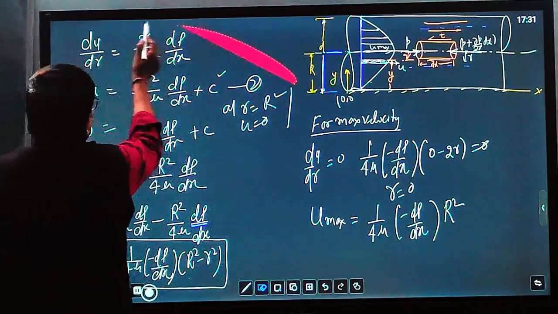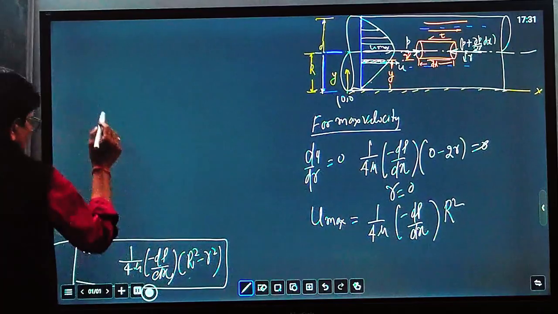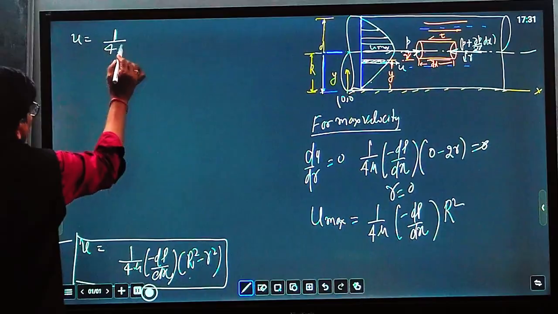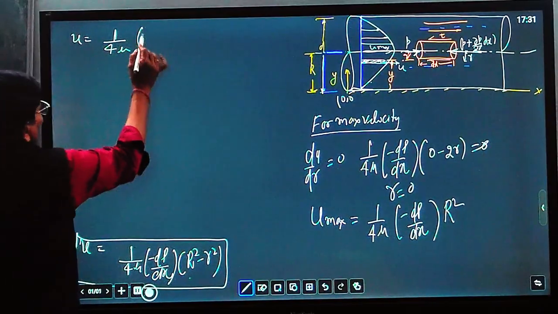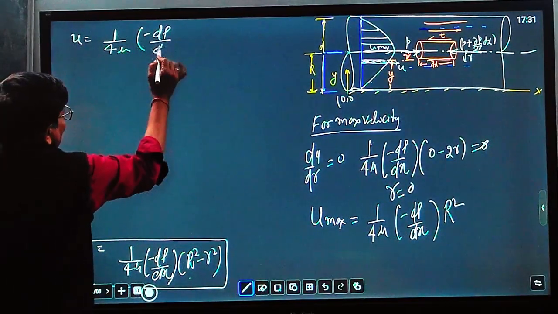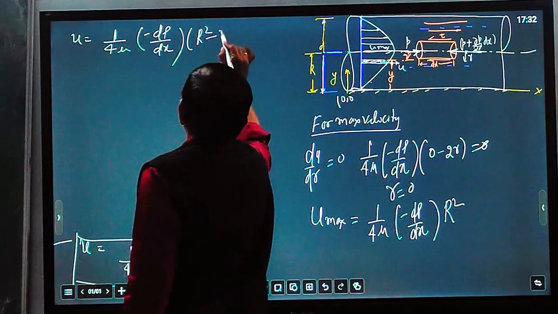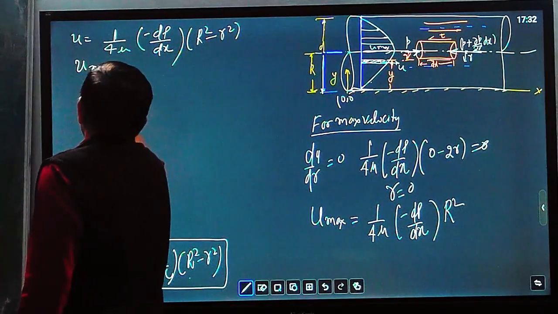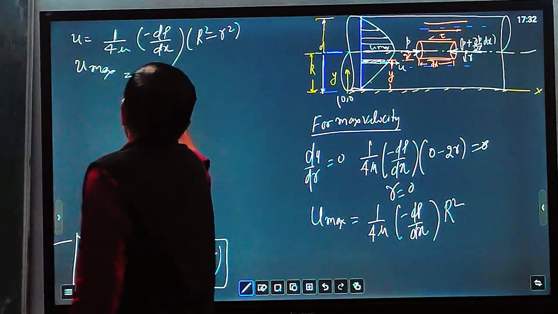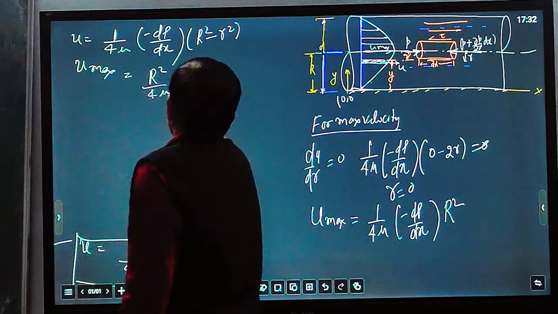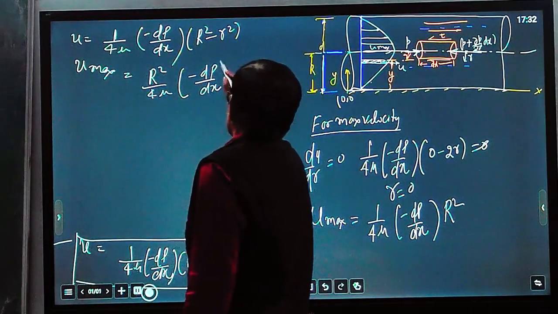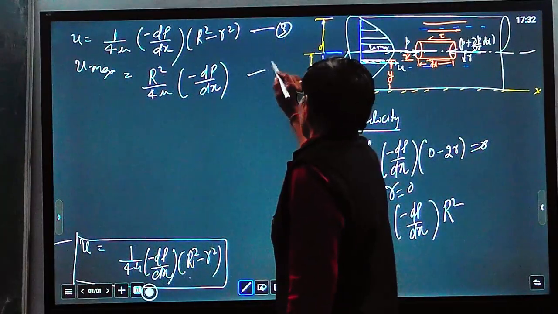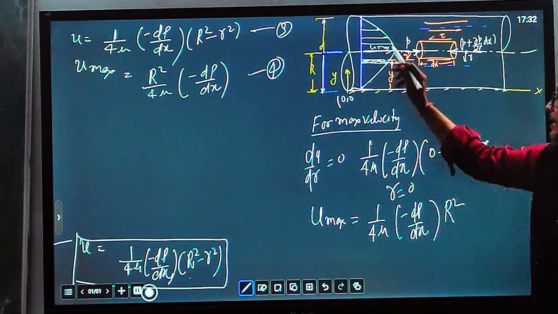The general equation is u equal to 1 upon 4 mu, minus dp over dx, R square minus small r square, and u maximum equal to R square upon 4 mu, minus dp over dx. These are equation number 3 and equation number 4.